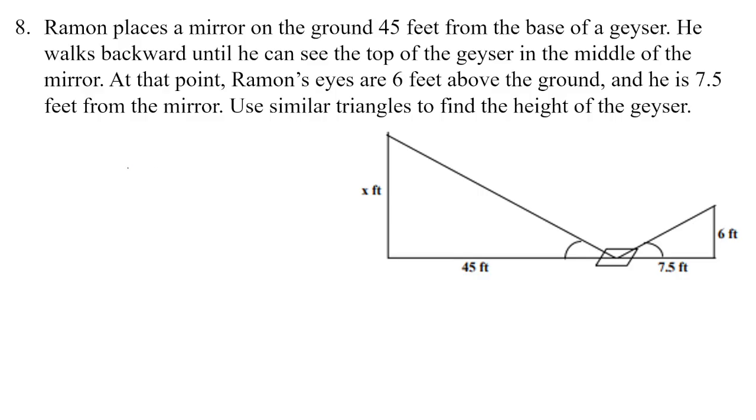So as you can see, this time, the figure is drawn for you. So now we have x over 6 equal 45 over 7.5. We cross multiply: 7.5x equal 45 times 6, which is 270.